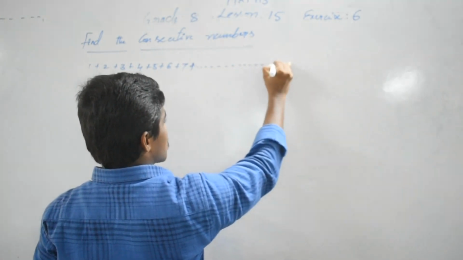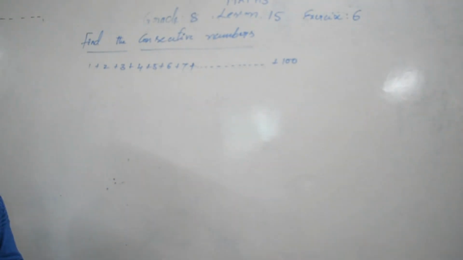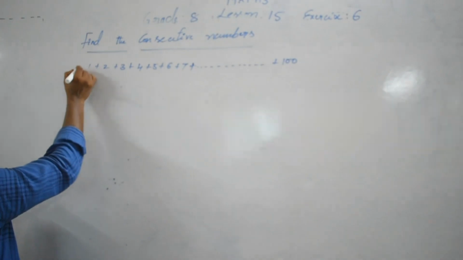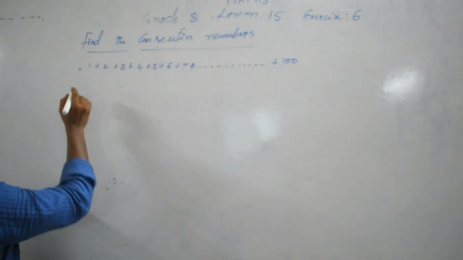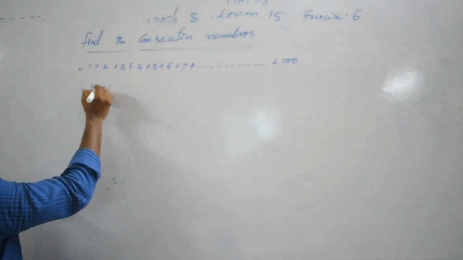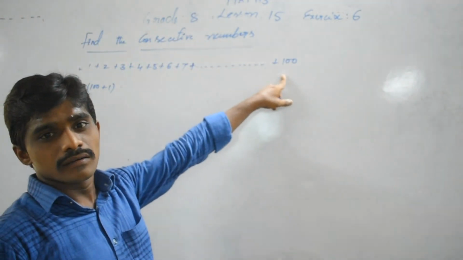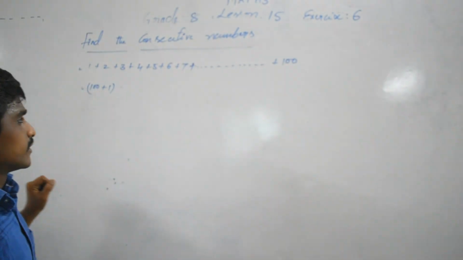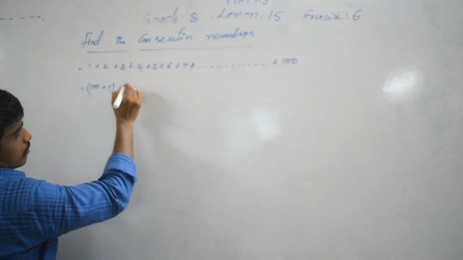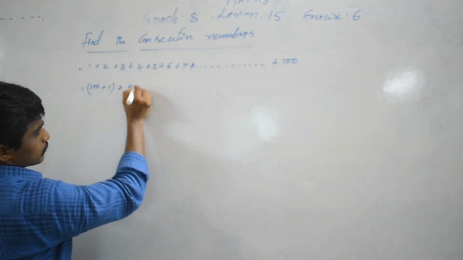So in this case, we are using some formulas. What are they? Here actually see, these are different. 100 plus 1, like a starting number and ending number. Next one, 99 plus 2.